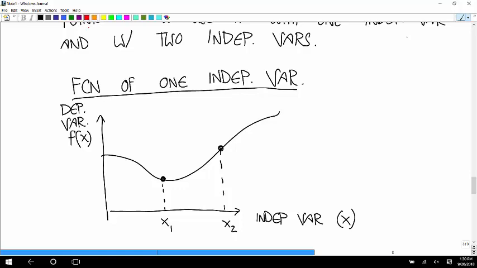And we know that the height here for this one is f of x1, and the height here is f of x2. I'm going to call this f1, but that's what it means. f1 is the function value at x1. f2 is the function value at x2. Let's say that we want to approximate this function at some value x.